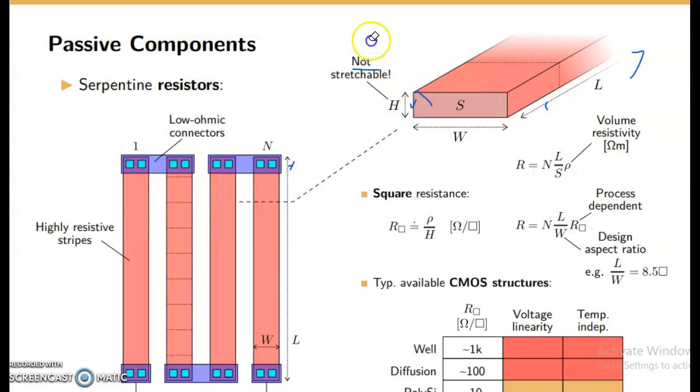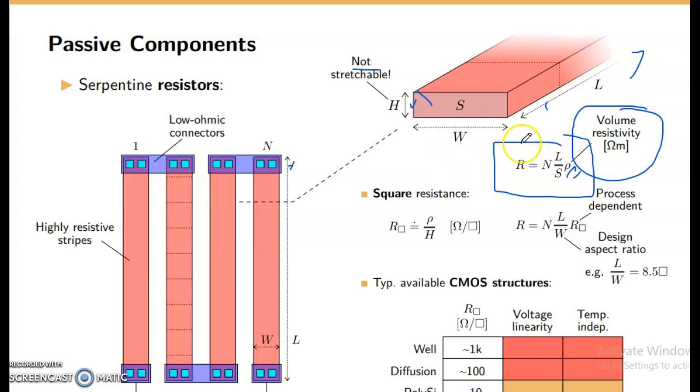Here resistance R equal to N into L by S, rho. This rho is the volume resistivity in micrometer units. So R equals N into L by S. This is N, this is S. Rho is the volume resistivity.